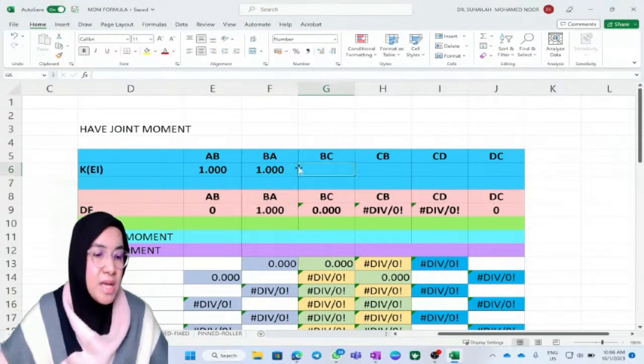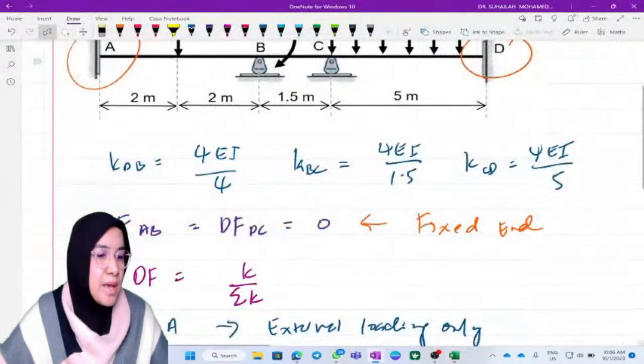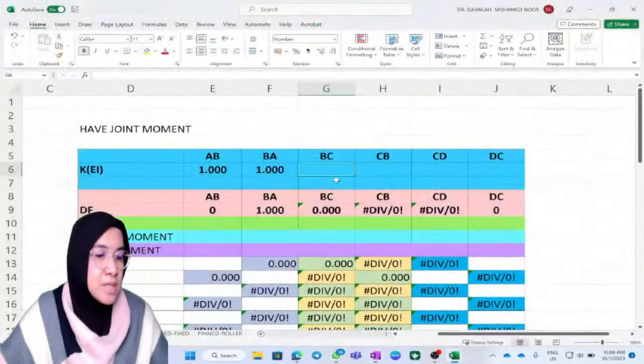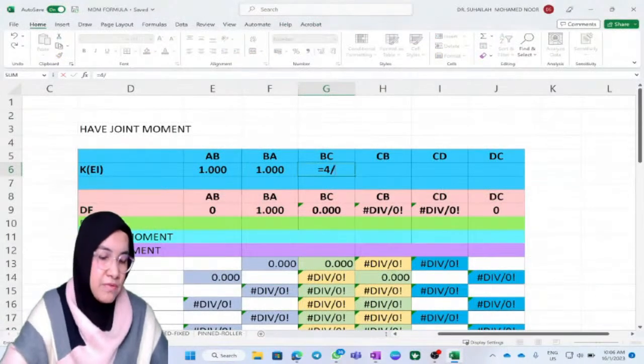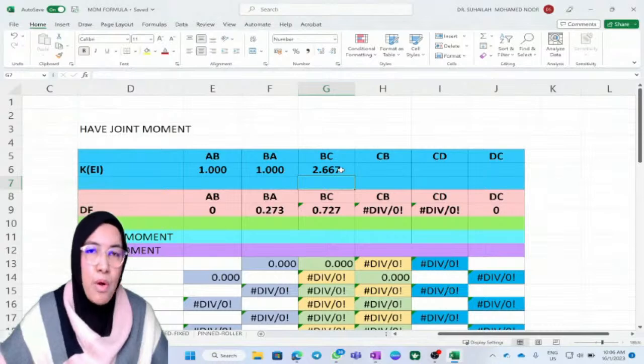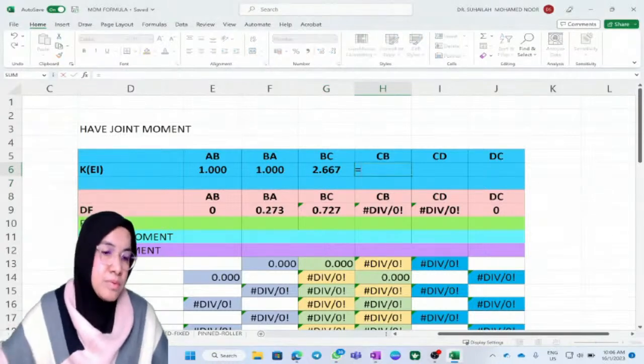For BC, we have 4 divided by 1.5, so we get 2.667.